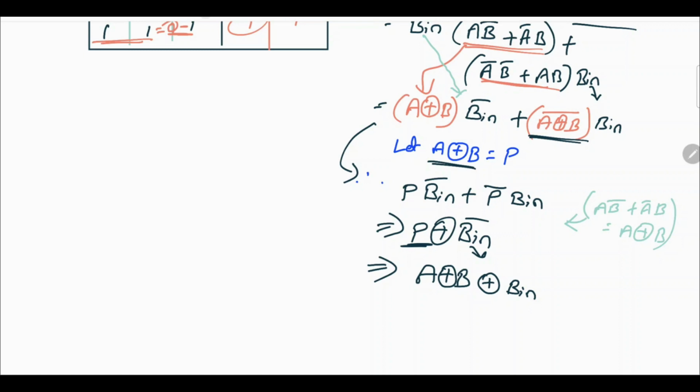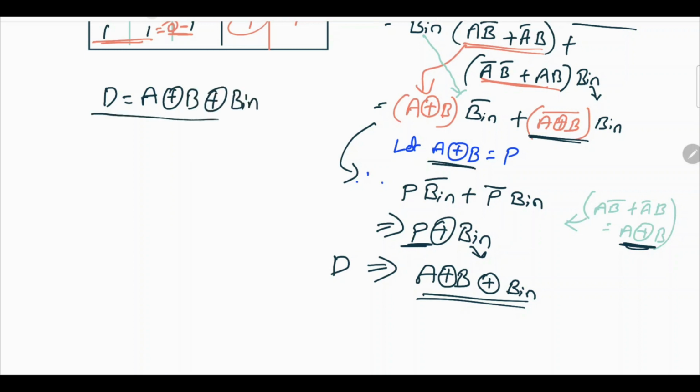So previously I had written B in bar, but there is none, just P XOR B in, because A B bar plus A bar B is A XOR B. Therefore, P B in bar plus P bar B in is P XOR B in. So this is the final answer for our difference. We got difference D is equal to A XOR B XOR B in.